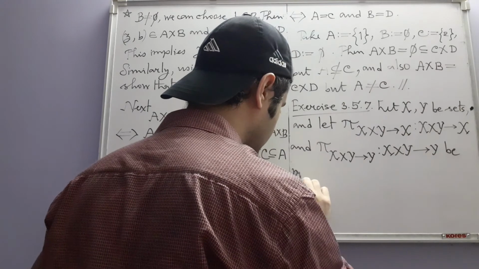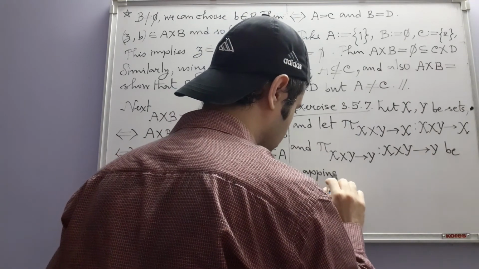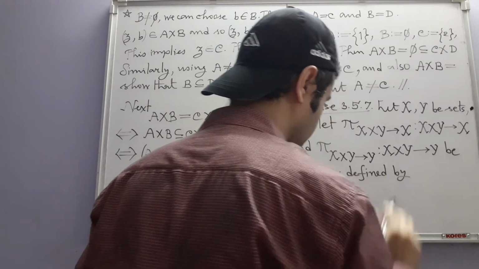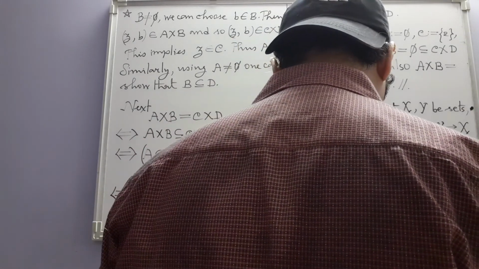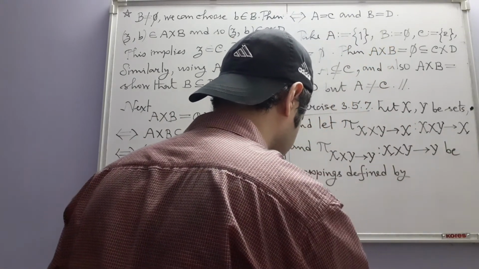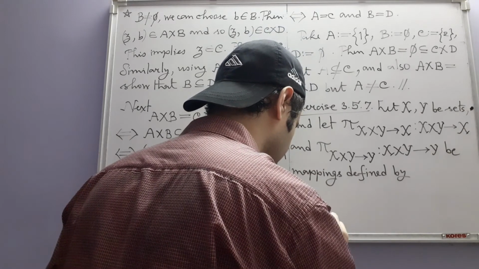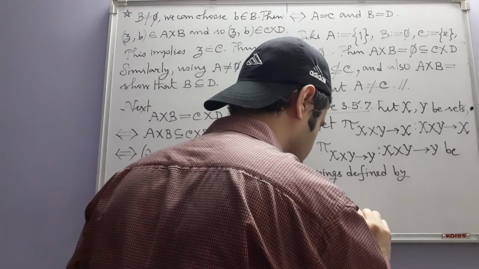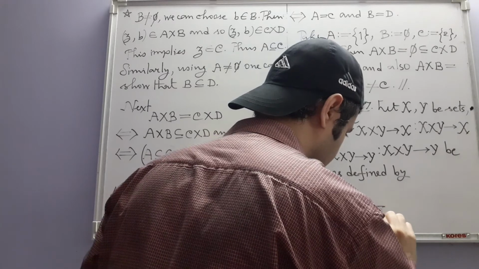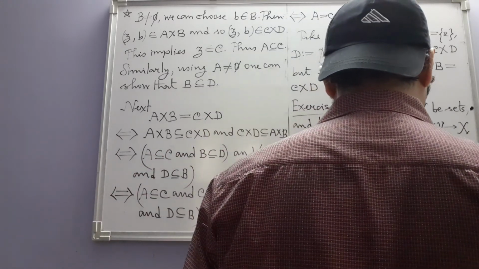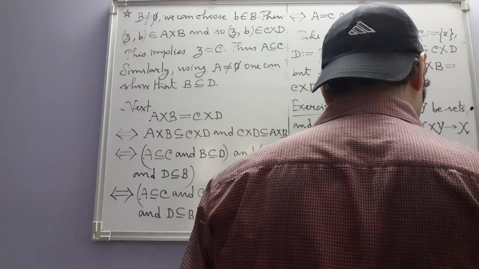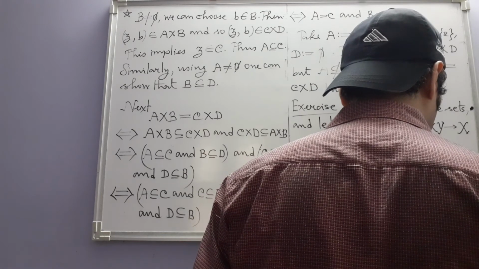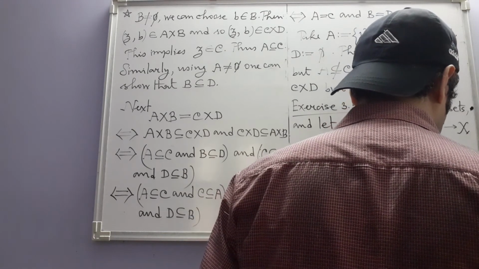The mappings are defined by, let me write like this here, pi x cross y to x, applied to (x, y), is defined to be equal to x, and pi x cross y to y, applied to (x, y), is defined to be equal to y.